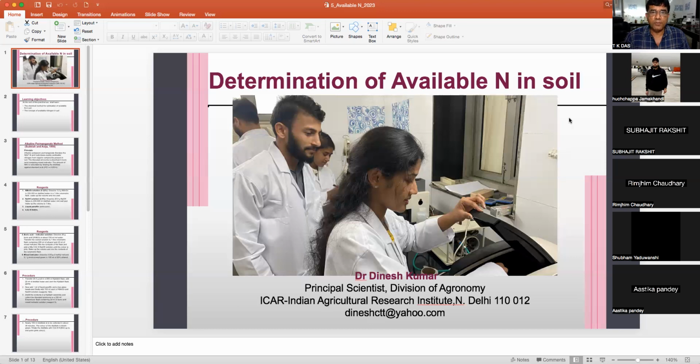In this case, we estimate the readily oxidizable nitrogen plus ammoniacal nitrogen. In this method, we cannot estimate the nitrate nitrogen. So nitrate nitrogen is not included in the available nitrogen by this method. However, some adjustments were made by Dr. Sehrawat and some more scientists to include nitrate also.